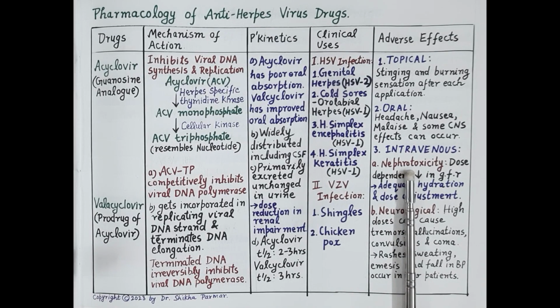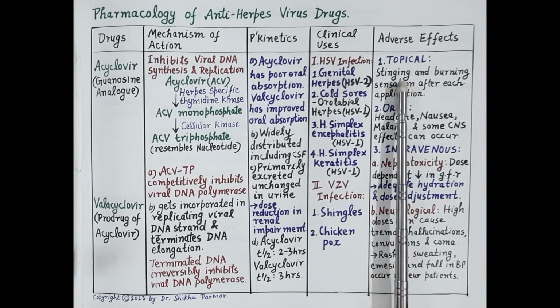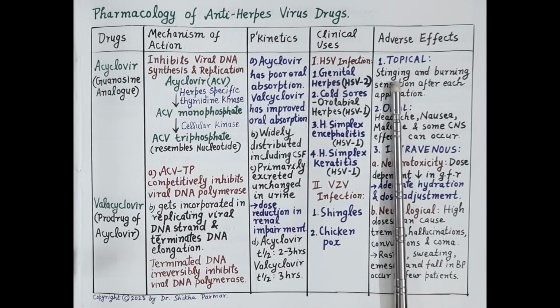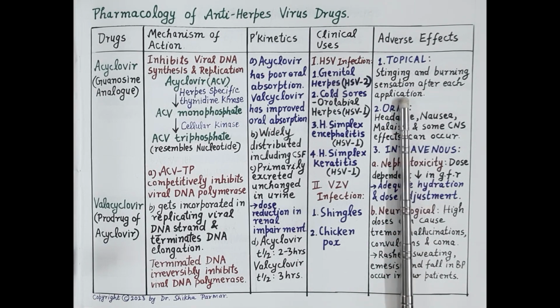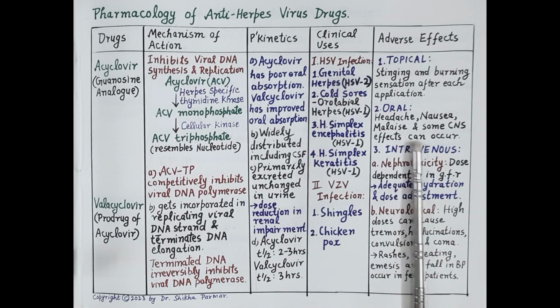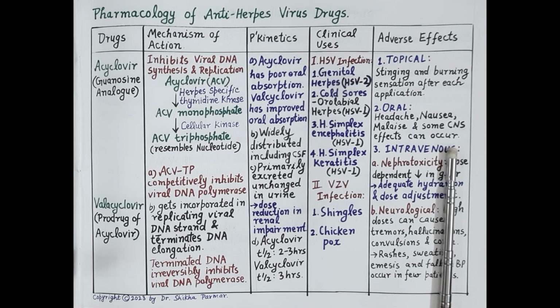So, now let's see the adverse effects of acyclovir. Topical acyclovir can cause stinging sensation, that is the pricking sensation, and burning sensation at the site of application. Oral acyclovir can cause headache, nausea, malaise, that is feeling sick, and can also produce some central nervous system adverse effects.